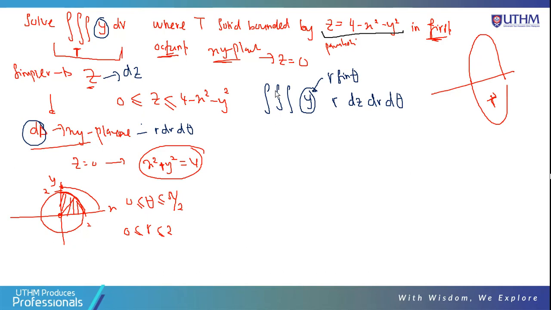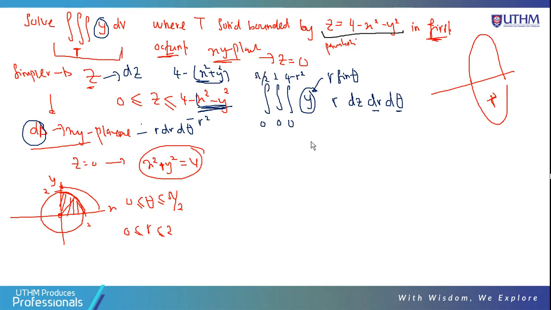Okay, so you put the limits. Z starts from 0, so no more x, no more y; x square plus y square becomes r square. So 4 minus x square minus y square becomes 4 minus r square. So z goes from 0 until 4 minus r square, r goes from 0 to 2, and theta goes from 0 to pi over 2.